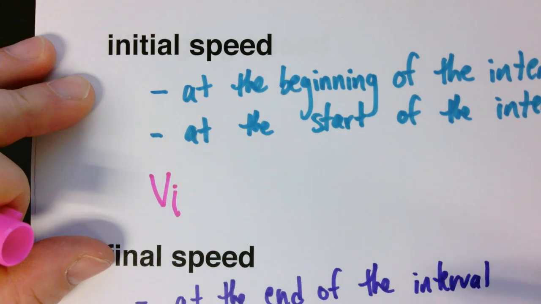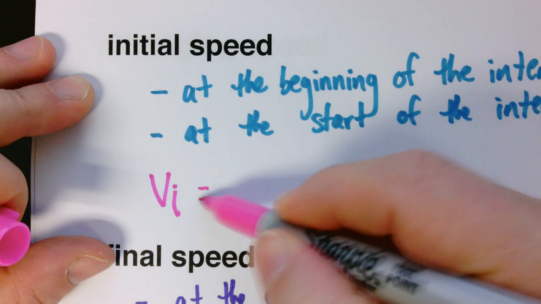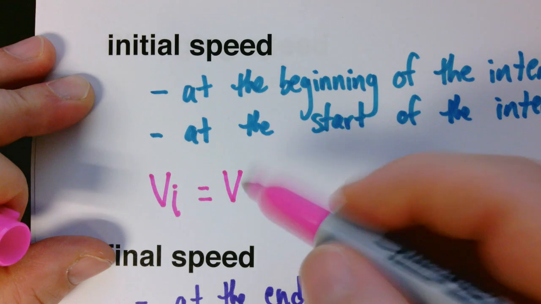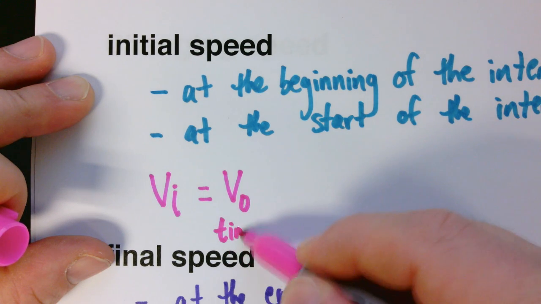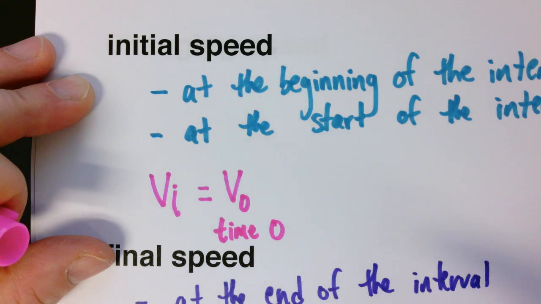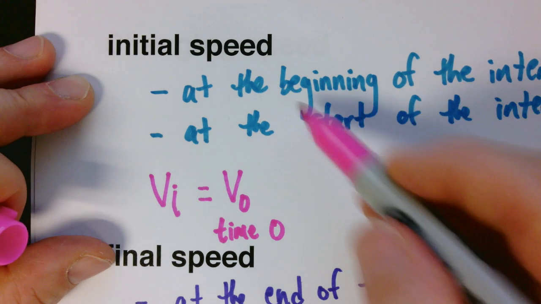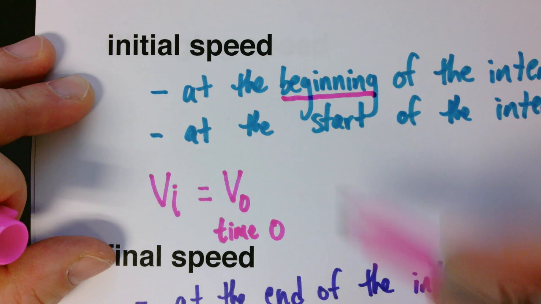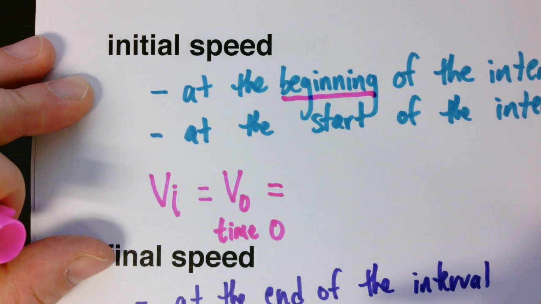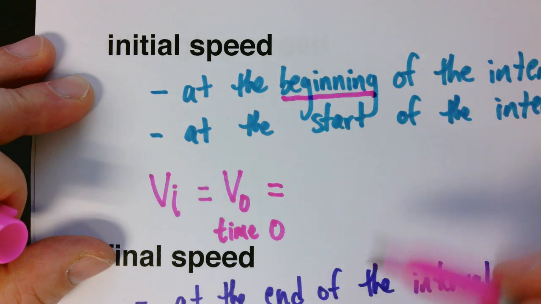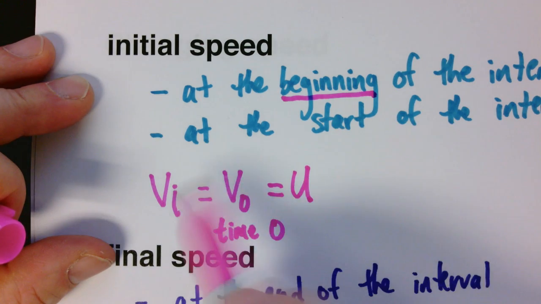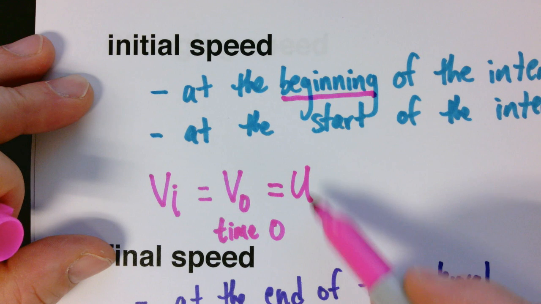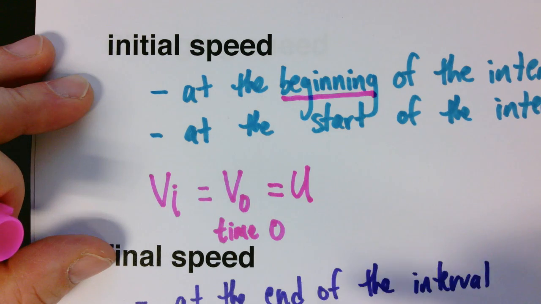The i stands for initial, but we could also call it V0, where the 0 is time 0, meaning the beginning. In another set of equations, we refer to this as simply U. So all three of these mean the same thing, the initial speed.